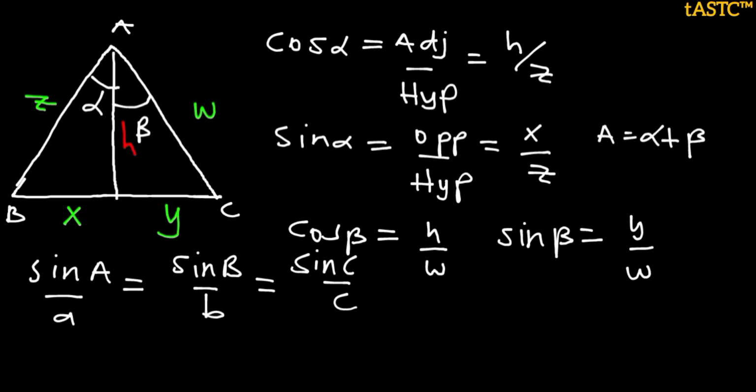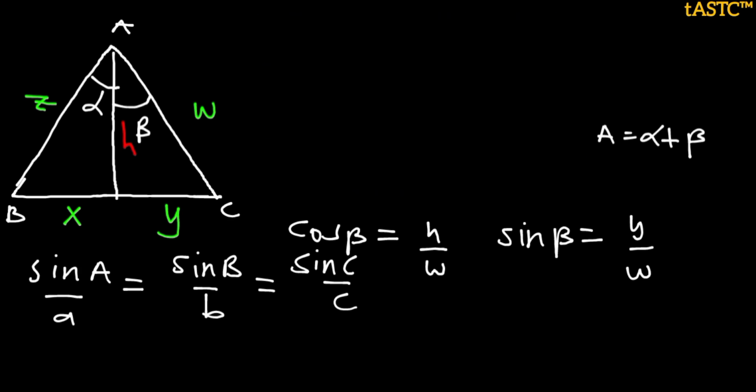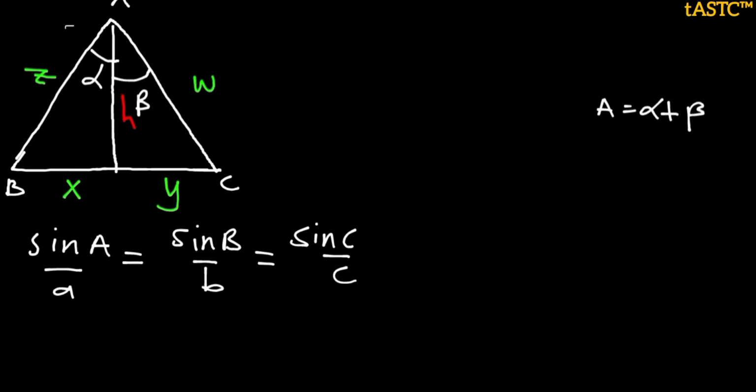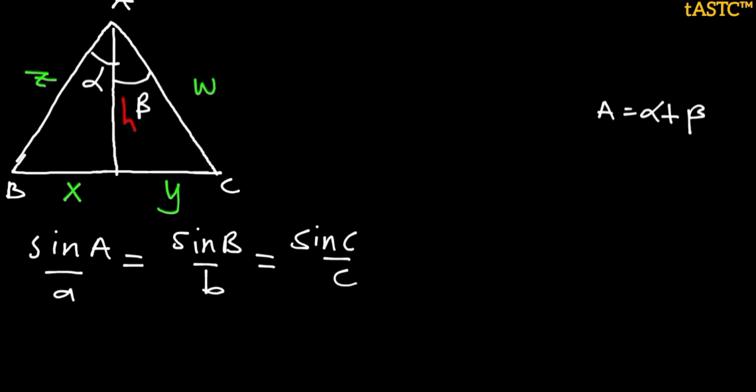So I think I need to wipe this stuff out. Hopefully by now you understand the point. We're going to use it later on. So in this case, we have sine of alpha plus beta. This will be divided by a.